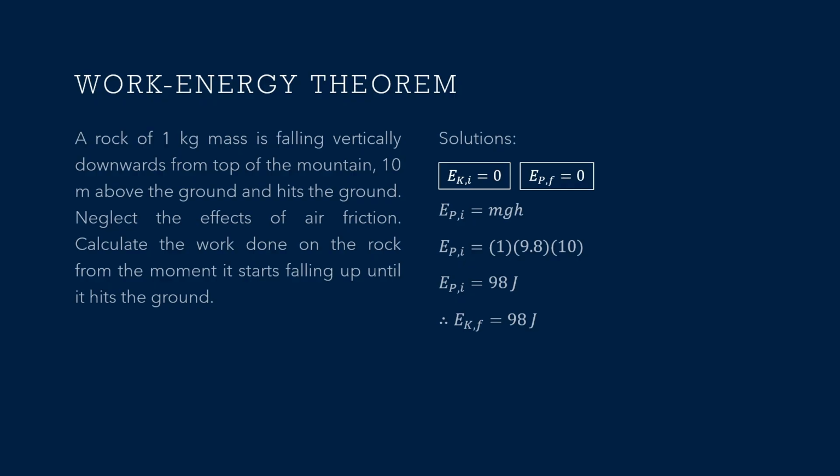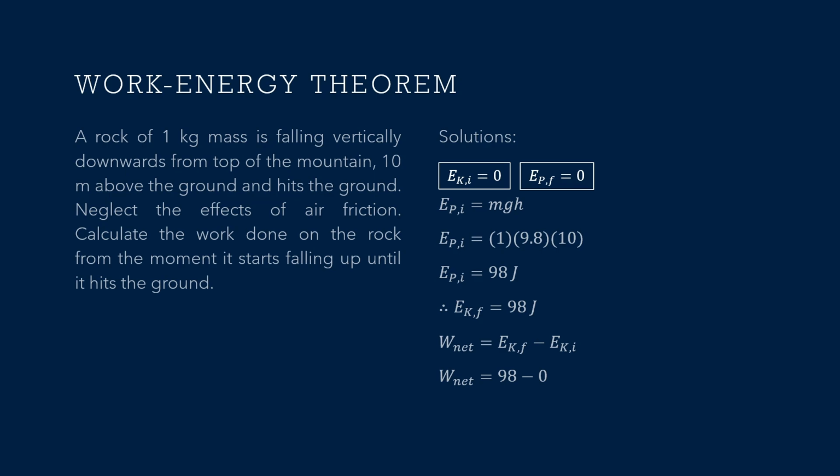All the potential energy will now be converted into kinetic energy, and the potential energy will be 0. And hence in our formula, we'll substitute in everything I've just said, and we'll have 98, which is the final kinetic energy, minus 0, which is the initial kinetic energy, and hence the net work done is equal to 98 joules. Just like that, you're done.